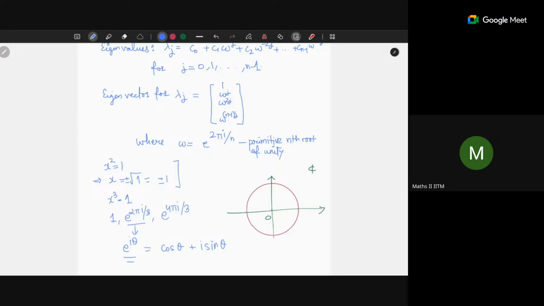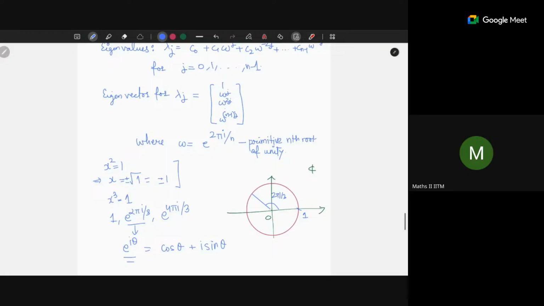So this is 1, and because you are finding the cube root of unity, you need to consider an angle. The whole angle is 2 pi. You need to slice this angle into 3 equal parts, so you will get 2 pi by 3.